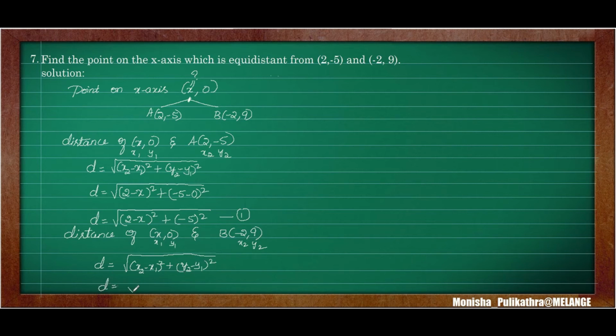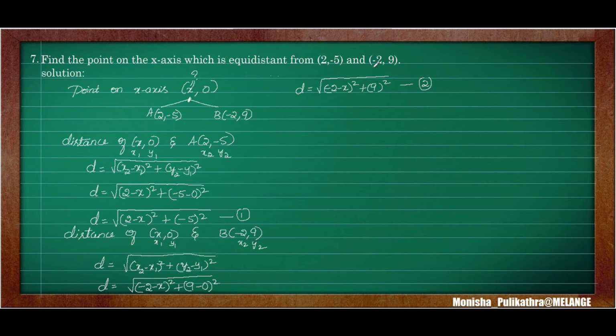So D is equal to square root of x2 is minus 2 and x1 is x. So minus 2 minus x whole square plus y2 is 9 minus y1 is 0, so 9 minus 0 whole square. Okay. So it will become D is equal to square root of minus 2 minus x whole square plus 9 square. Fine. So let this be equation number 2.